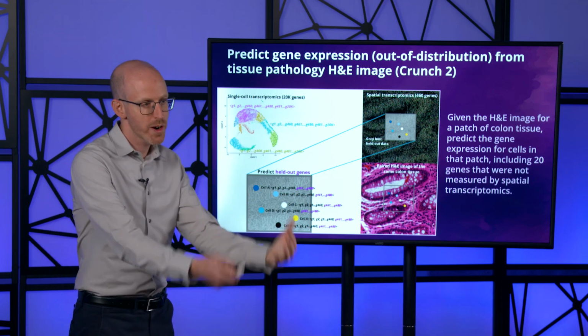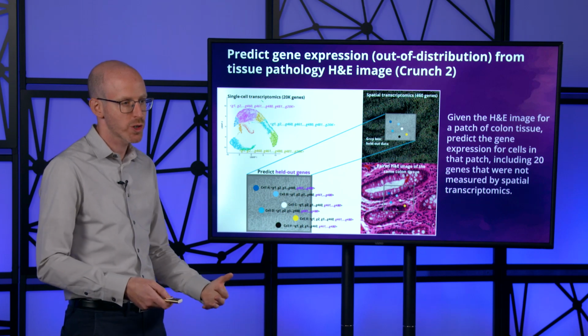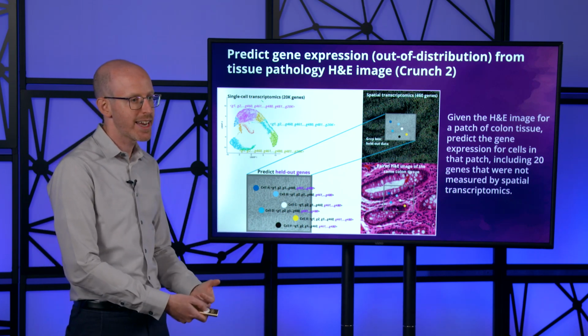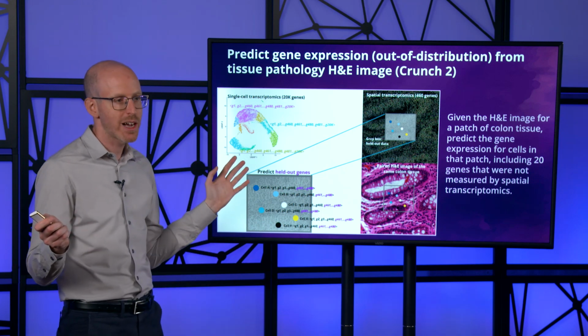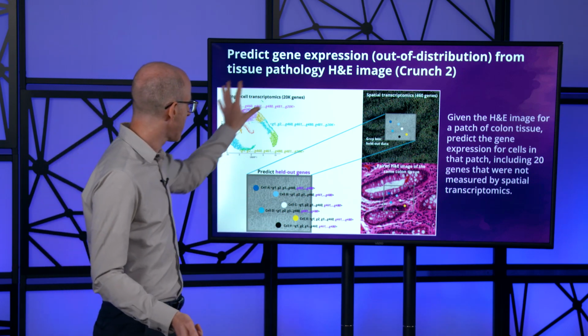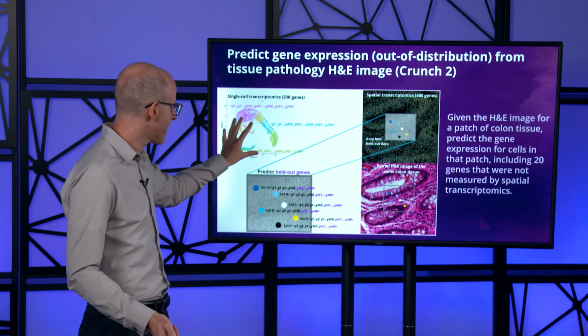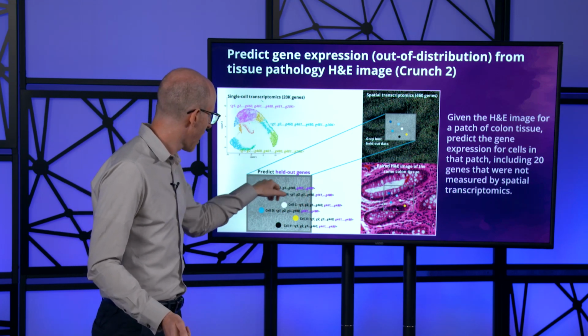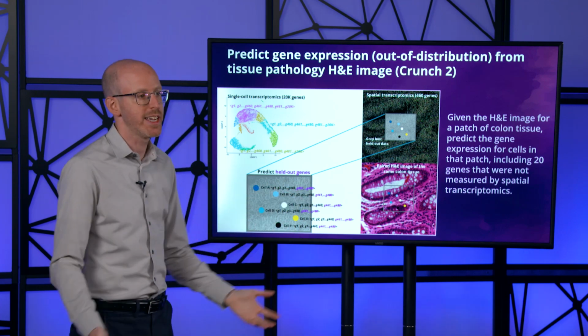So it has the 460 genes we provide you in spatial transcriptomics, it has the 20 genes that we would like you to predict, and it has all other 19,520 genes provided. So can you use the single-cell transcriptomics data to tell us what are the gene expression levels for those 20 genes that we're really interested in?